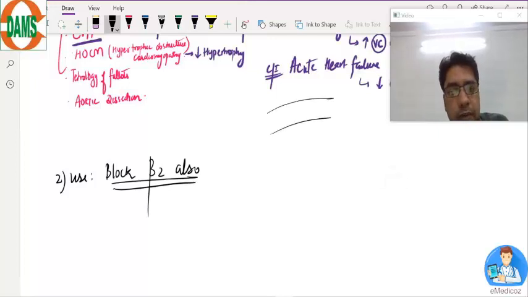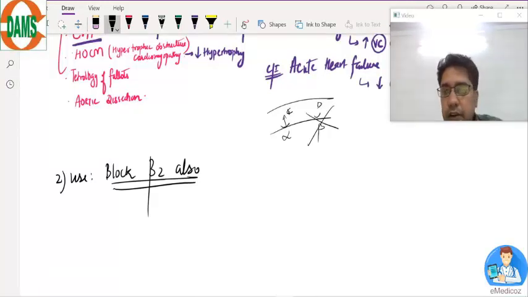I hope you remember blood vessels. Alpha causes constriction, beta causes dilatation. If you give beta blockers, they produce vasoconstriction. We have already discussed this, the vasomotor reversal of Dale.